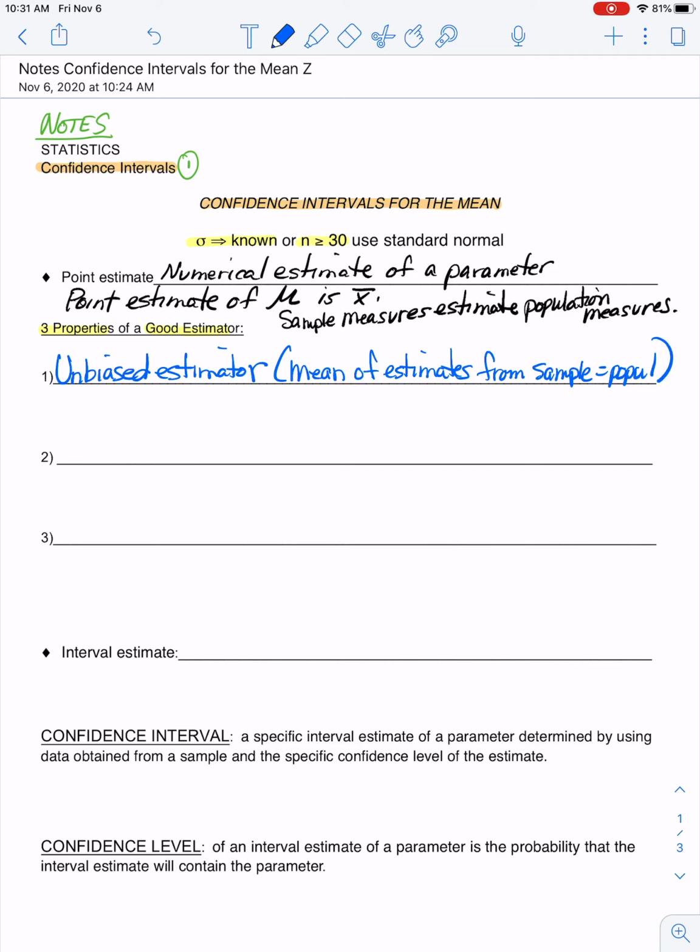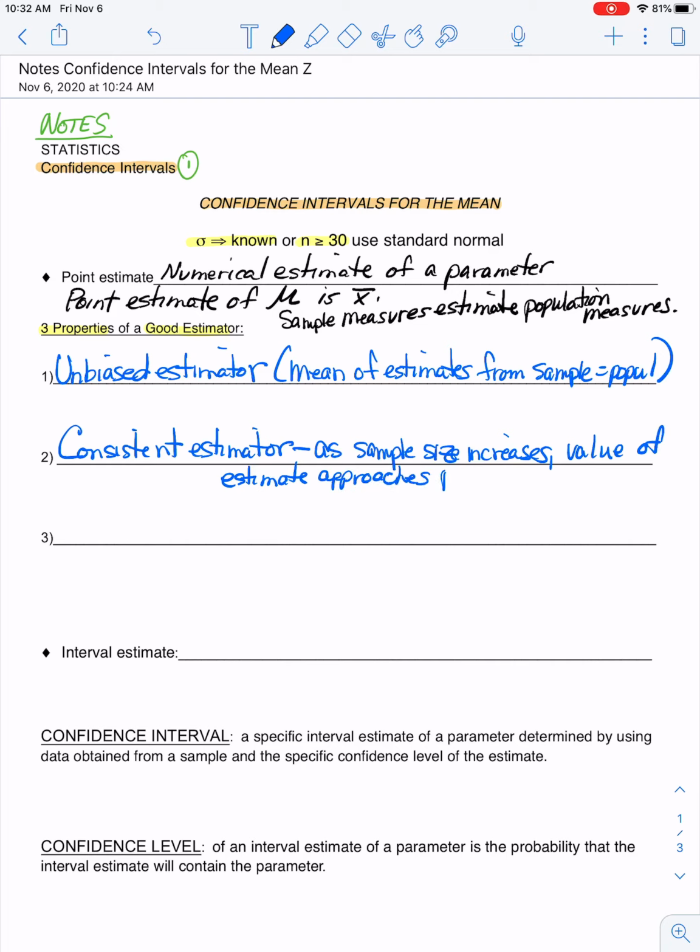Second one is it's a consistent estimator. In fact, as sample size increases, the value of the estimate will get closer and closer to, or approach, your parameter.